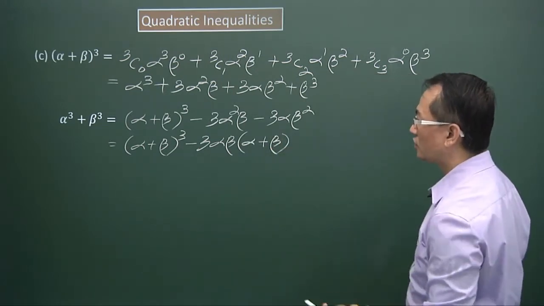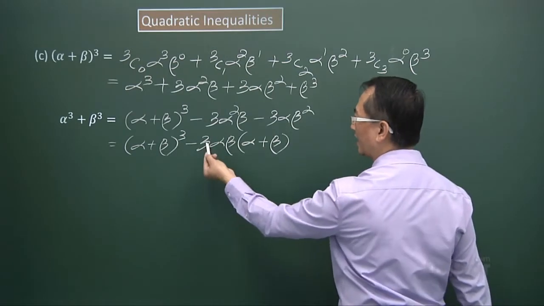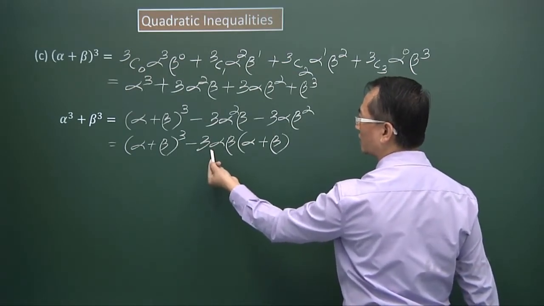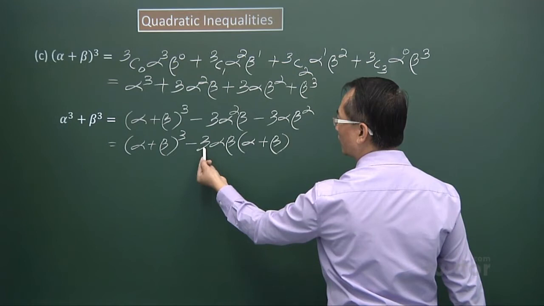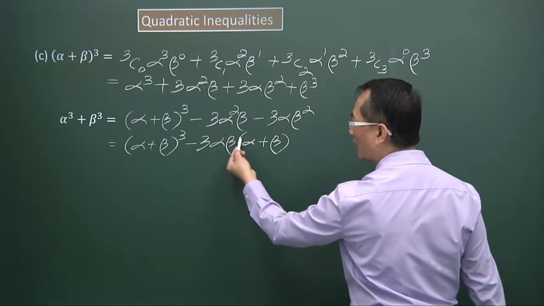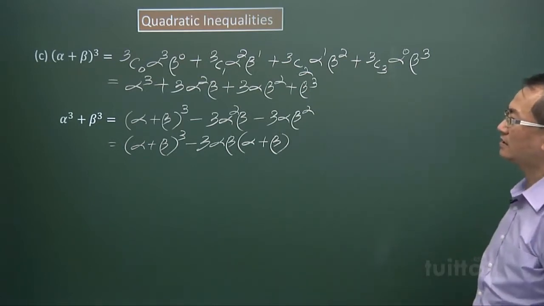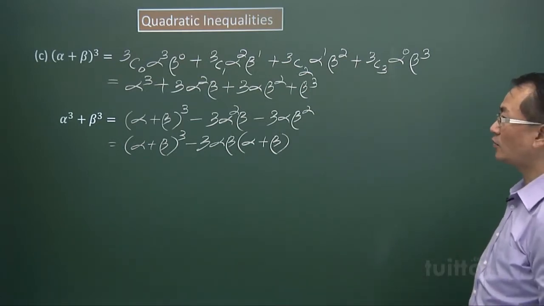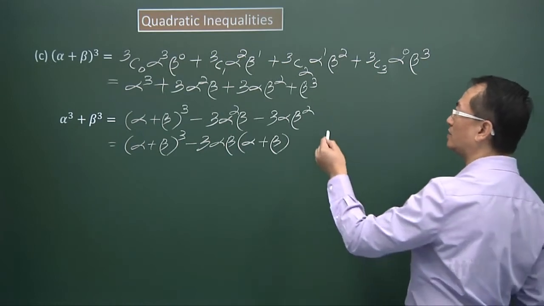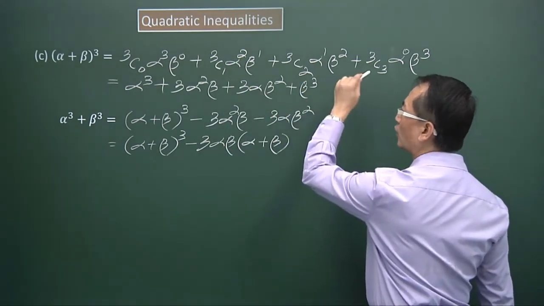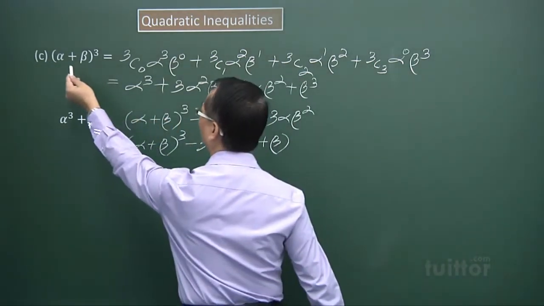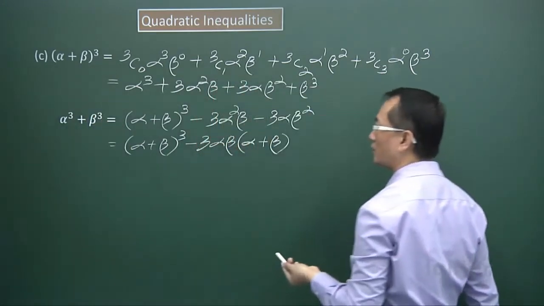So you can see basically the second part of the expression would be 3 times the product of two roots times the sum of two roots. So that is actually obtained in the expansion using the binomial theorem on alpha plus beta bracket cube.